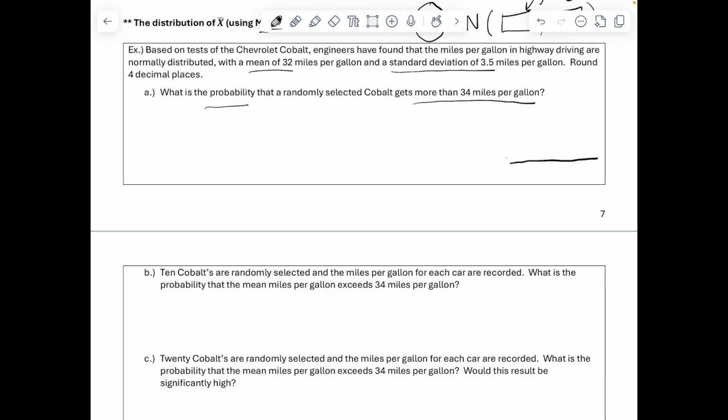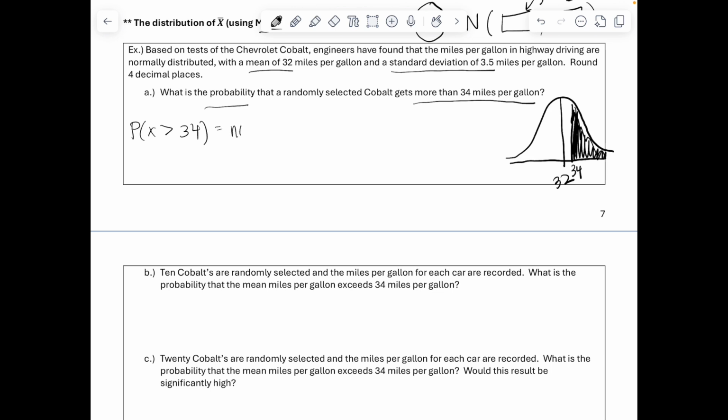So going ahead and drawing our normal curve, because it says it's approximated by the normal distribution, I'm going to put my mean in the middle, and our mean here is 32. This is asking for the probability that x is greater than 34 miles per gallon. So 34 is larger than 32, and since it's asking for more than 34, I'm going to shade this to the right.